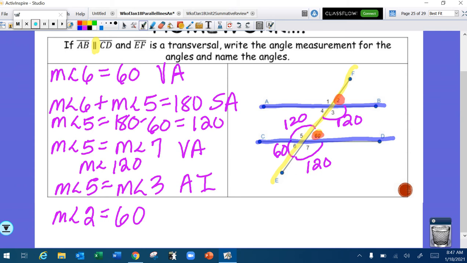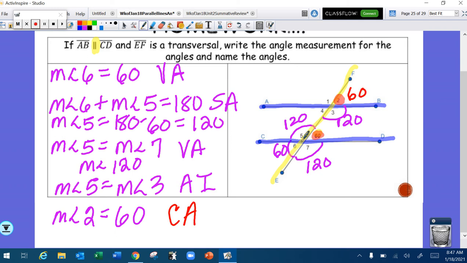Then those are called corresponding angles. They're in the same positions on the line. 60 is on the top of the bottom line, and measure of angle 2 is on the top of the top line. So this up here also has to be 60. And those are called corresponding angles.